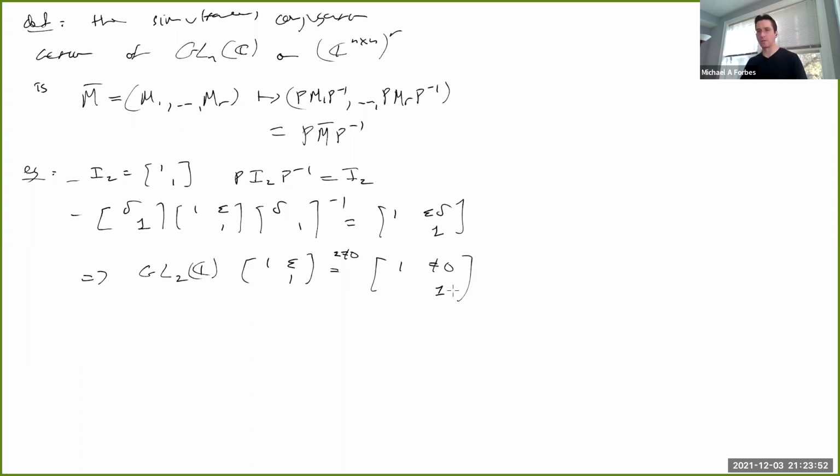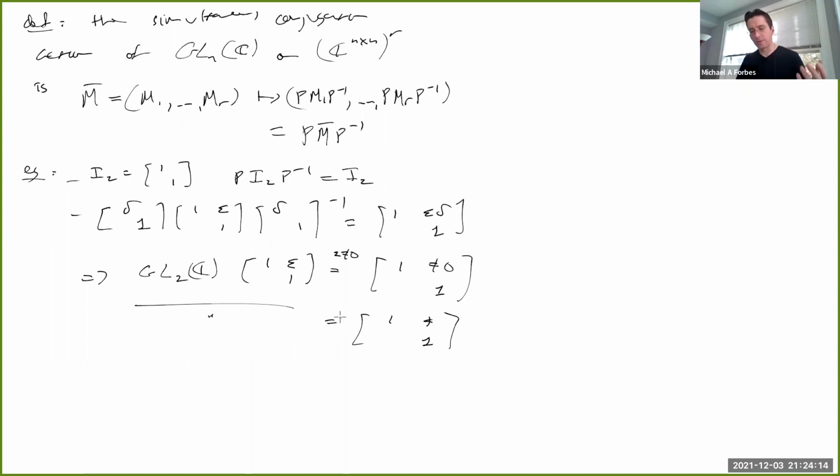So this is the orbit under this action. But we can also look at the closure of this thing. When you take the closure, we get now everything arbitrarily close to 0. So this is the closed orbit, and we see that the orbit and the closed orbit are different.